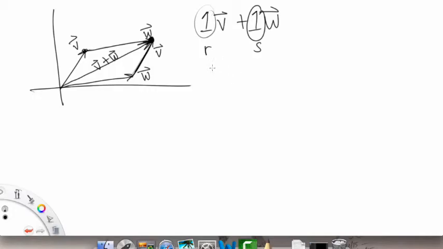If we look at the other end, the other point of our parallelogram right here, our r would have to equal 0, and so would our s, right? Because then we would have 0 times the vector v plus 0 times the vector w, so you just get the 0 vector, which is this corner. It doesn't go anywhere, it just stays at 0, right?